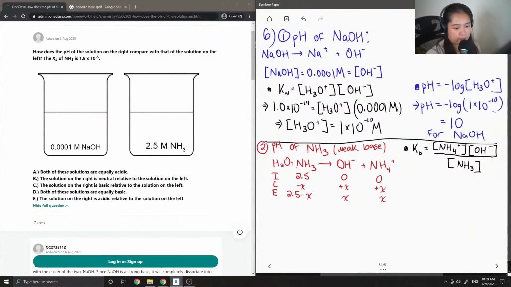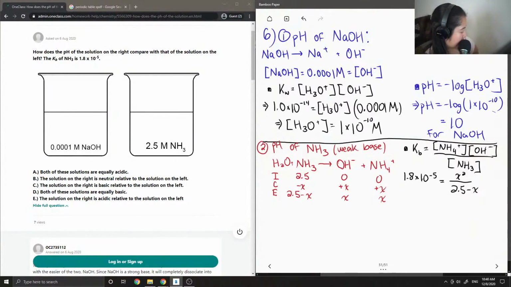They gave us the Kb value, which is 1.8 times 10 to the negative 5. And then if we sub in what we found in our ICE table, we get x squared divided by 2.5 minus x.